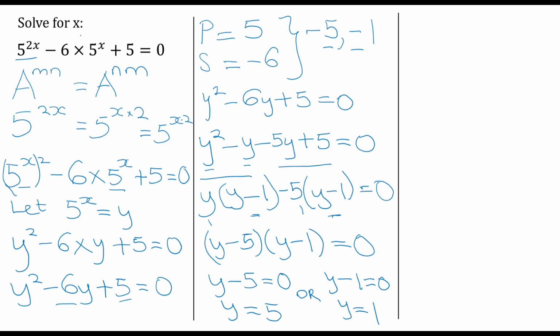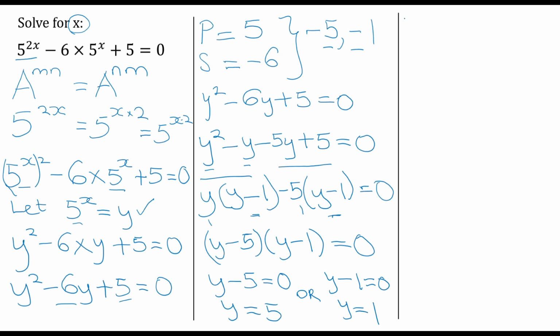However, our main goal is not to find the value of y. We are interested in establishing the value of x. But remember, we said y is equal to 5 to power x.